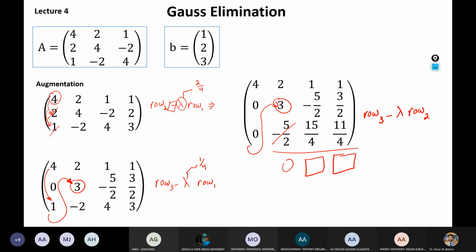Okay, Doctor, done. So far we have 2 students. Okay, so that for sure is 0. By the way, how much is this lambda?